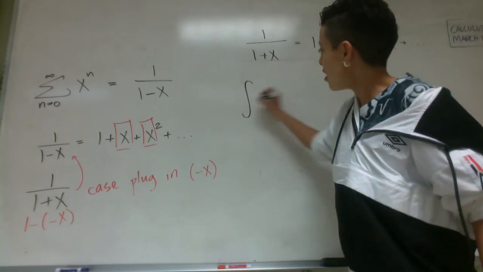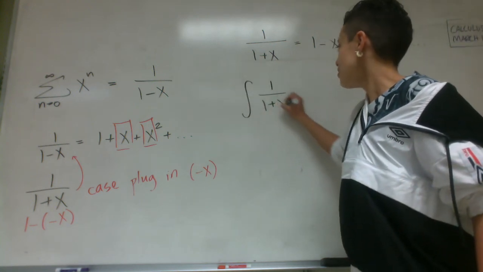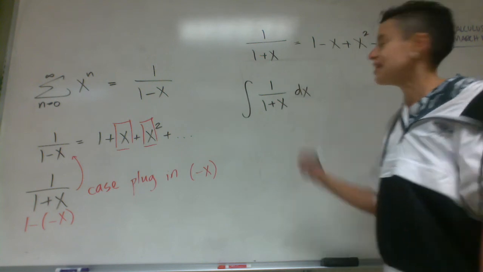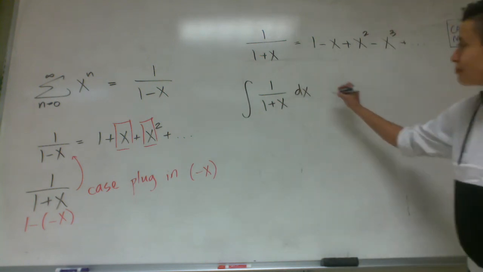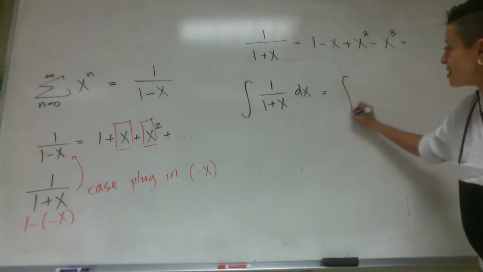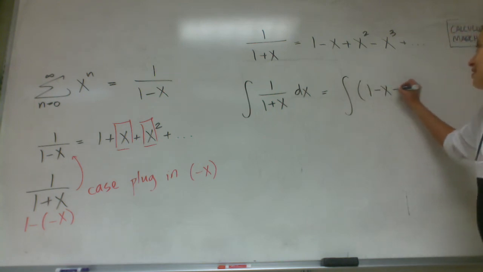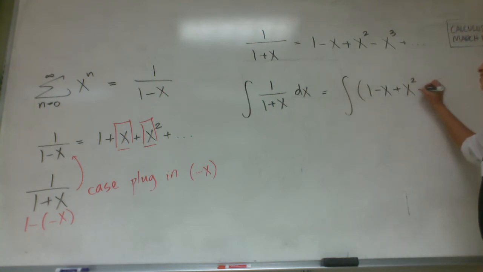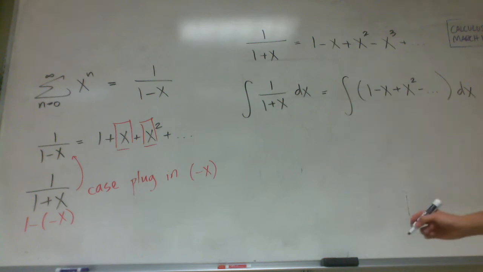So you all know how to take the integral of 1 over 1 plus x. If I do the same thing on the other side, take a second to just think about what that's going to equal.